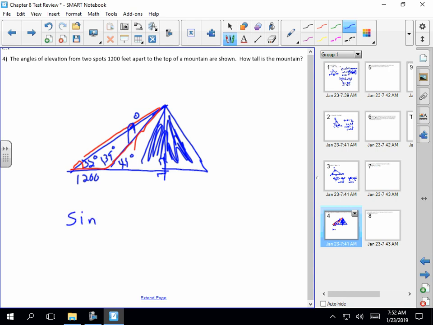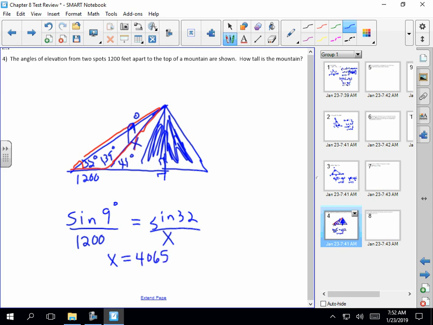Sine of 9 degrees over 1,200, that 9-degree angle is opposite the 1,200 foot mark, equals sine of 32 over x, and that will give me this length right here, x. Once I have that length, then I can use some right triangle trig to find the height of the mountain. Solving, x is equal to about 4,065 feet.